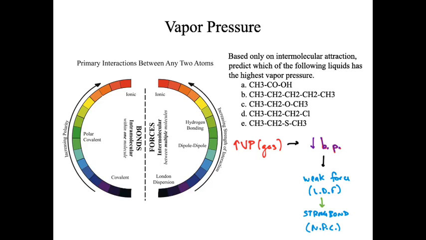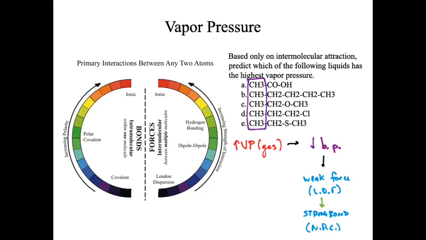Okay? So now we should go through and try and decide what bonds do we see in there. We want strong bonds. So we could go through and look at A, and B, and C, and D, and E. And what do you notice in all of those? They all have that bond. Right? So what are we actually being asked to look at?